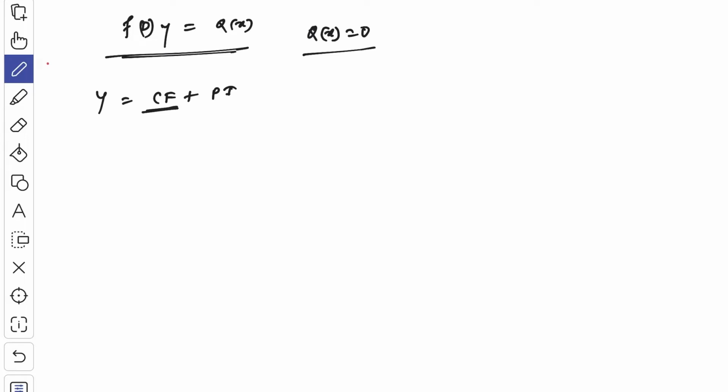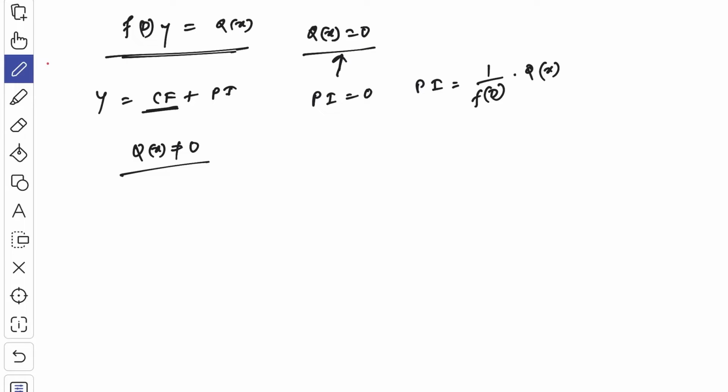Now when Q(x) is equal to 0, then PI is also equal to 0, as PI is given by 1 by f(D) into Q(x). So what if Q(x) is not equal to 0?